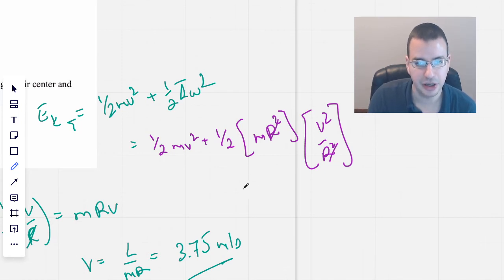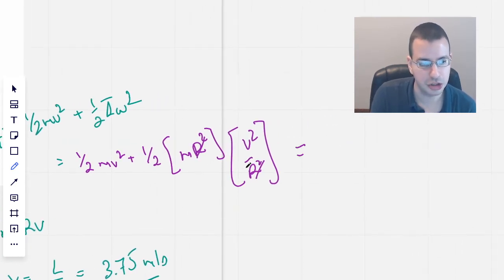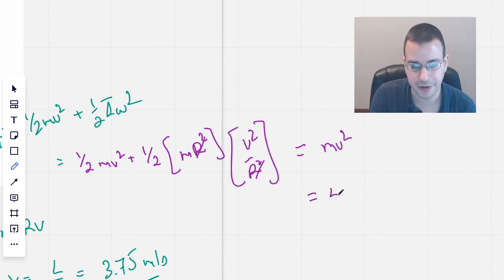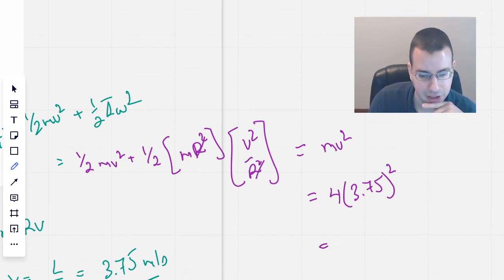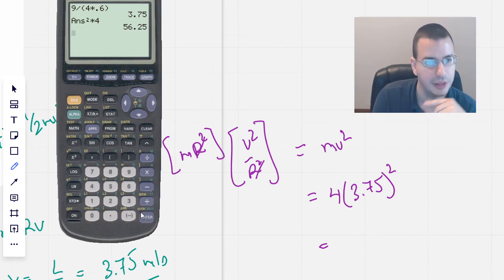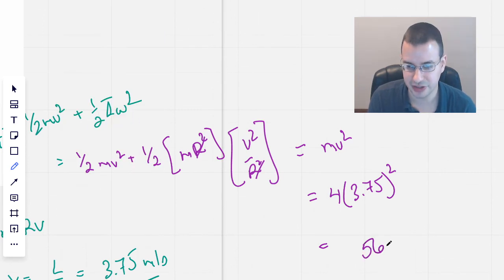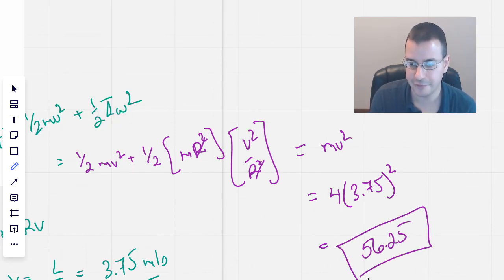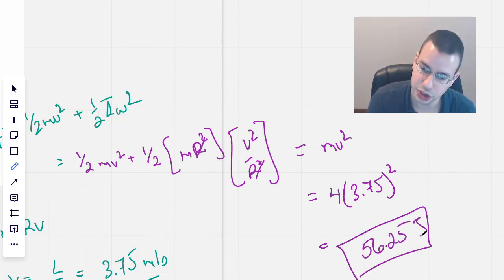Cancel, cancel, and we are left with 2/2 of mv squared, so we'll have mv squared, which will be 4 times 3.75 squared. Going to the calculator, 3.75 squared times 4, we have 56.25. This, I guess, will be joules.